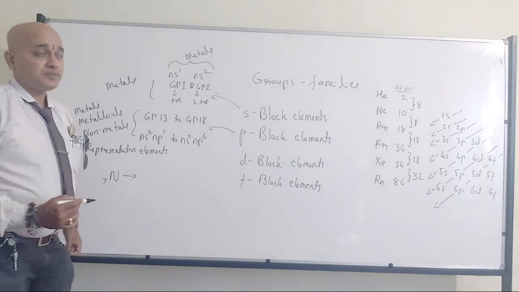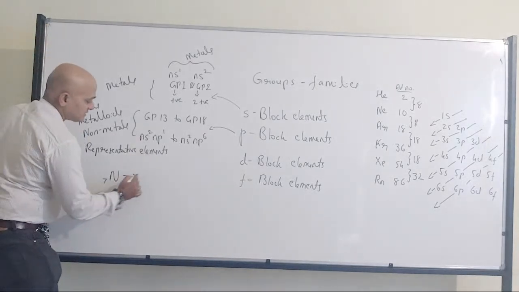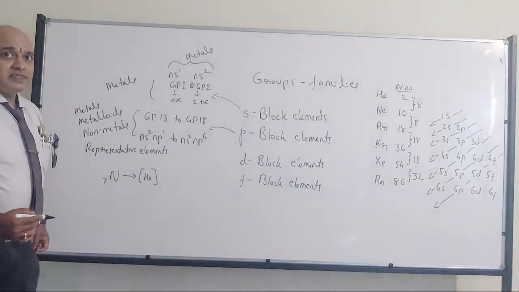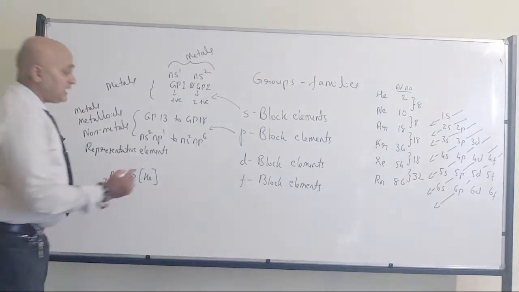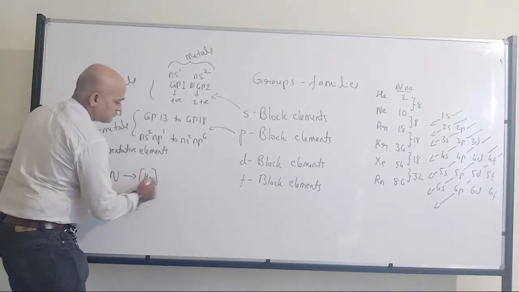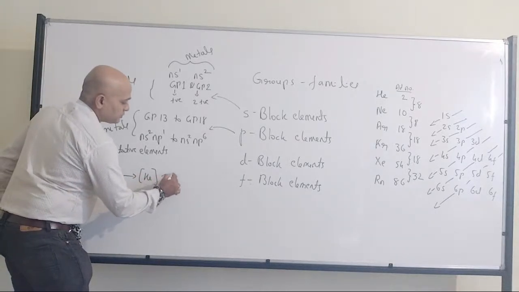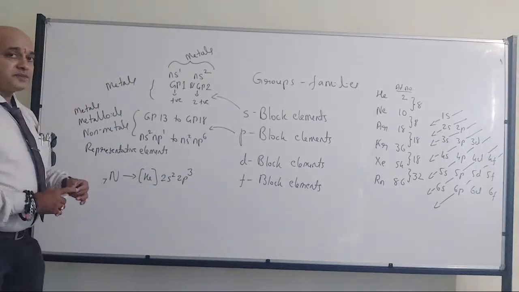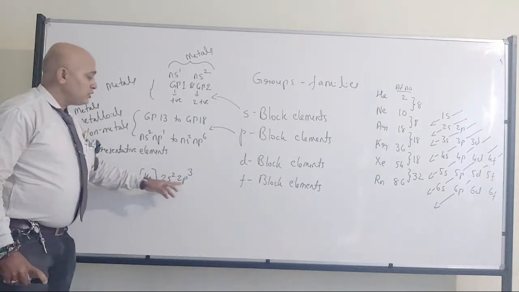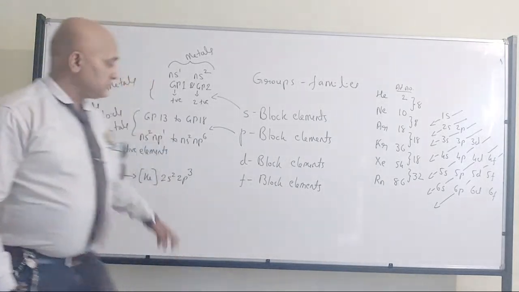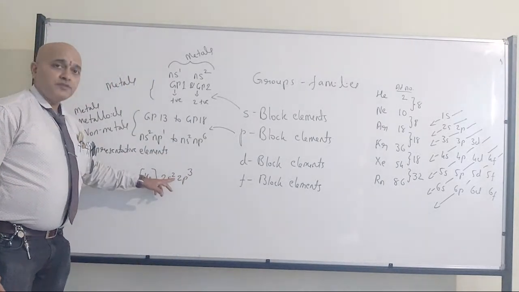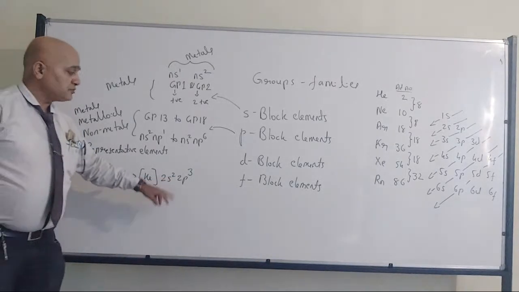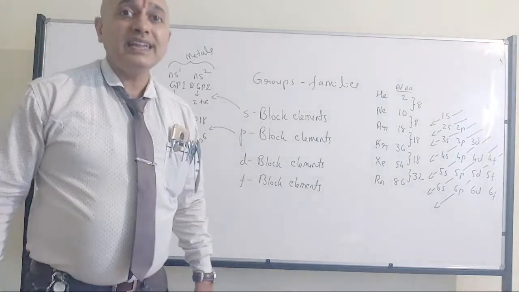That is helium, because neon is 10, more than 7. It belongs to period number 2, so 2s2, 2p3. So 3 plus 2 is 5, and 2, total 7.